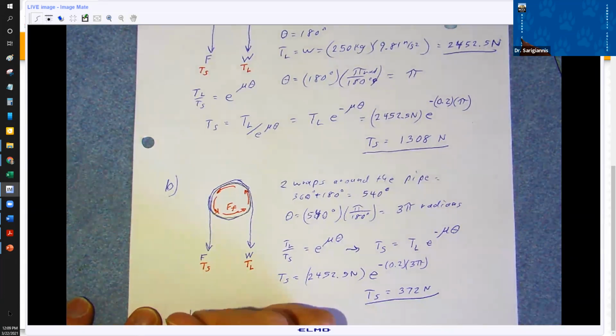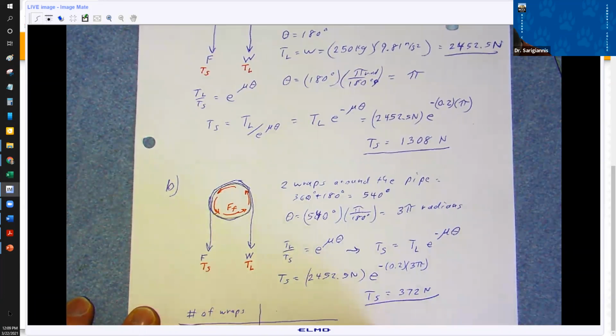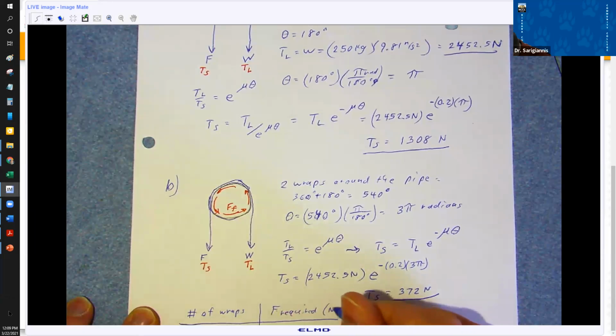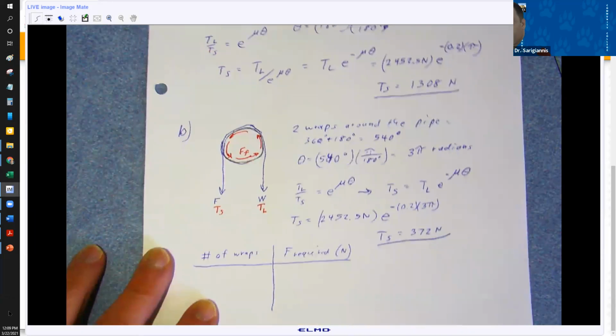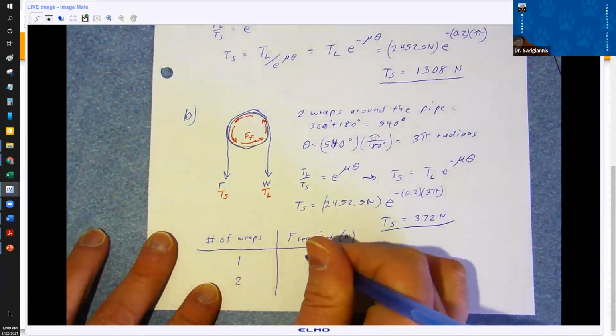All right, so let me just make a quick little table over here. Number of wraps, force required. What do we get?